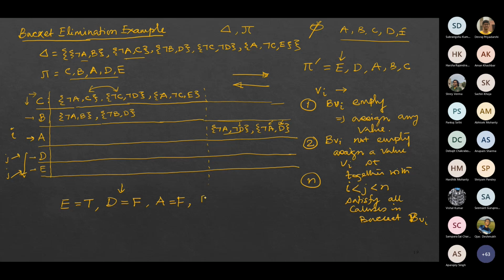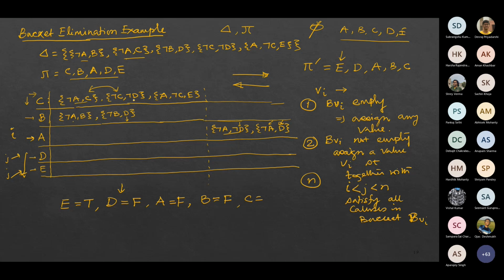Now let us check for B. In B, we have chosen F for A. As we put F here, I can put any value to B because it becomes true, right? Now D is false. As we put false here, there is no other way than to assign F to B. Now we have to assign C. We have assigned A to be false, so this becomes true in any case.